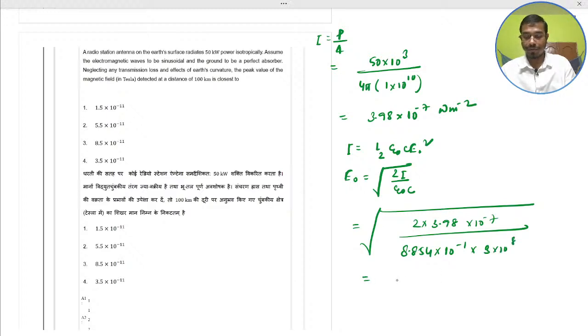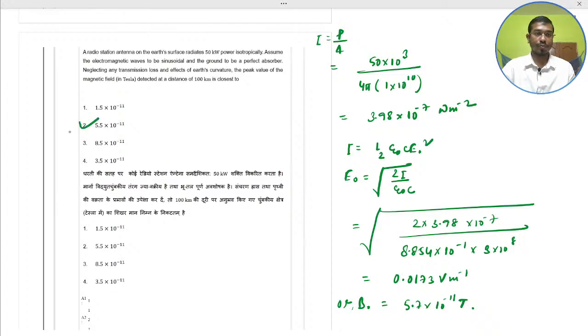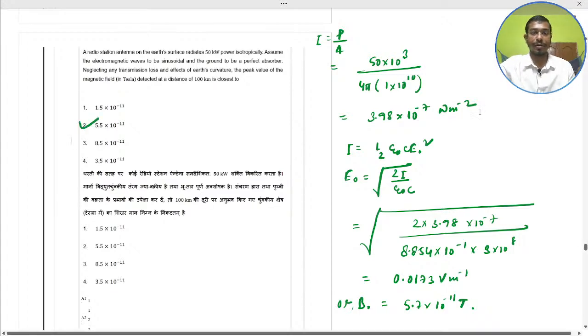You would get the value of approximately 0.0173 volt per meter. Means that the magnetic field is 5.7 into 10 to the power minus 11 Tesla. Option 2 would be the correct one.